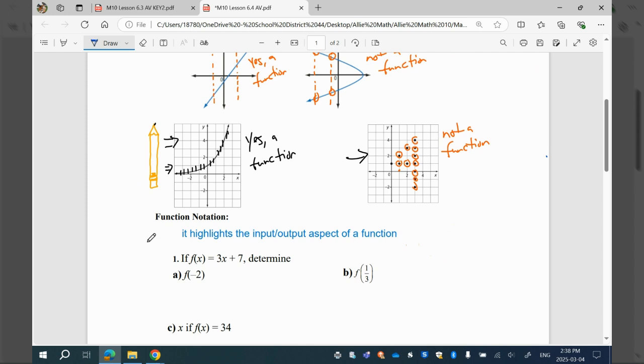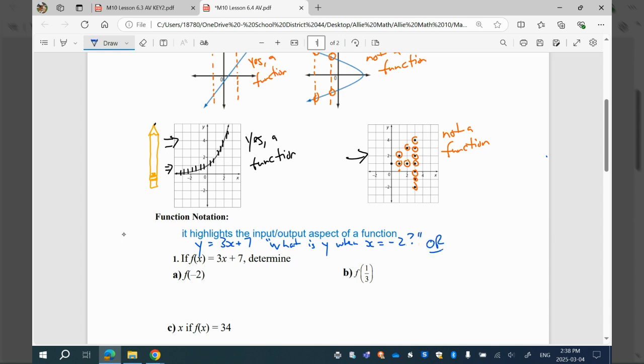So we might be used to seeing this as y equals 3x plus 7. And if we want to know what y is when x equals -2, you can write it out like that.